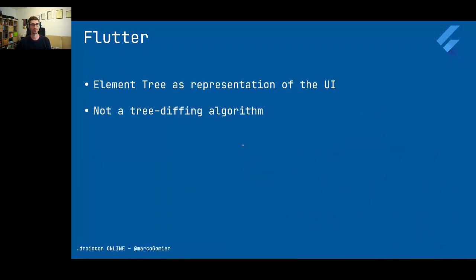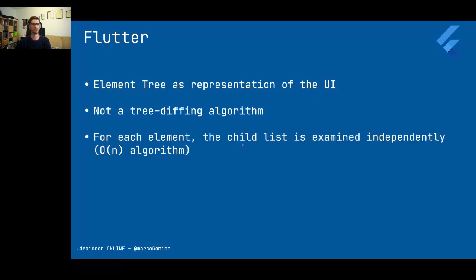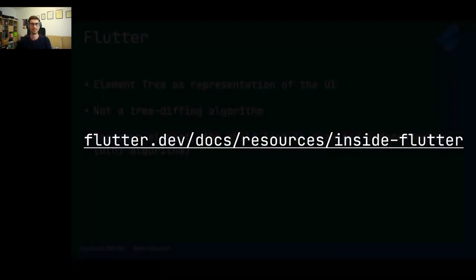So on Flutter, there isn't a diffing algorithm, but for each node, the system checks the node and the children of the node with a linear algorithm. So again, performance is great, and then it understands how to render things. Again, if you're interested, I point you to the documentation, which for Flutter is also very good.